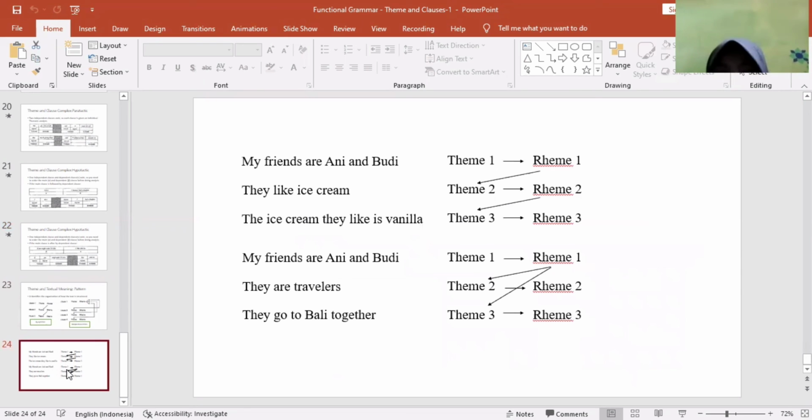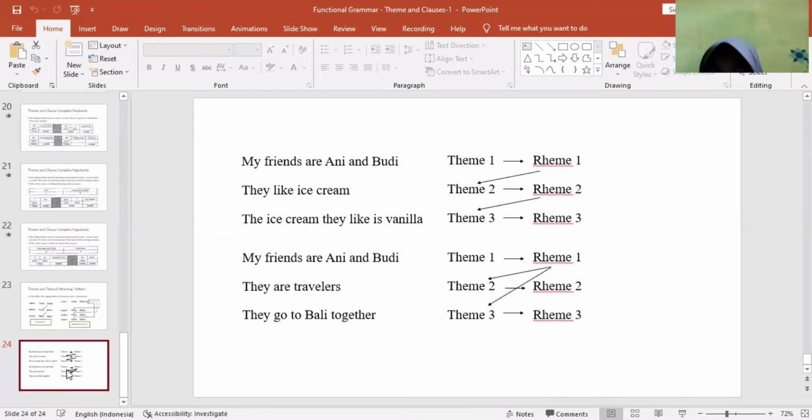As you can see, this is the zigzag pattern. Here, the Rheme of the first clause becomes the theme of the second clause. I have three clauses. The first is "My friends are Annie and Budi." "My friend" is theme, and "Annie and Budi" is Rheme. I pick up "Annie and Budi" from Rheme 1 to the second clause and place it into theme 2 using "they."